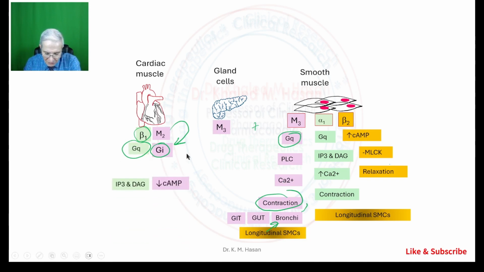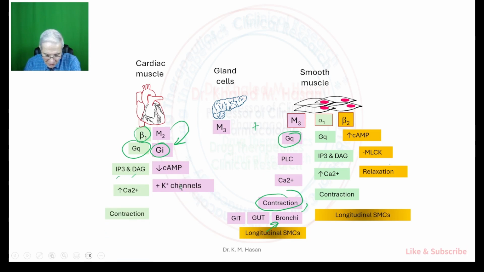Gq activates IP3 and diacylglycerol, DAG. Then the diacylglycerol increases the level of calcium. On the other hand, Gi decreases cyclic AMP. Beta 1 receptor in the heart leads to contraction through the increased level of calcium.